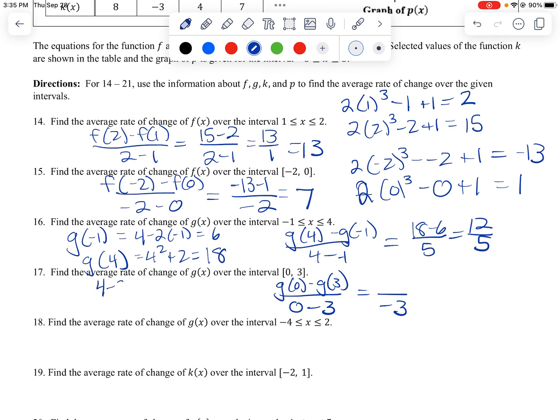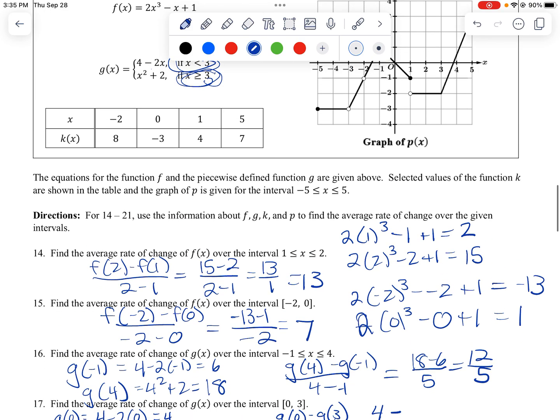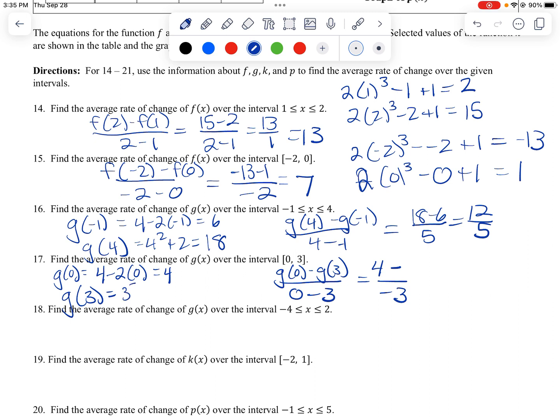So g of 0, 4 minus 2 times 0, so that's 4. And then g of 3, we'll put in the bottom one, so 3 squared plus 2 is 11. So we have 4 minus 11 over -3, so -7 over -3, so that's 7 over 3.